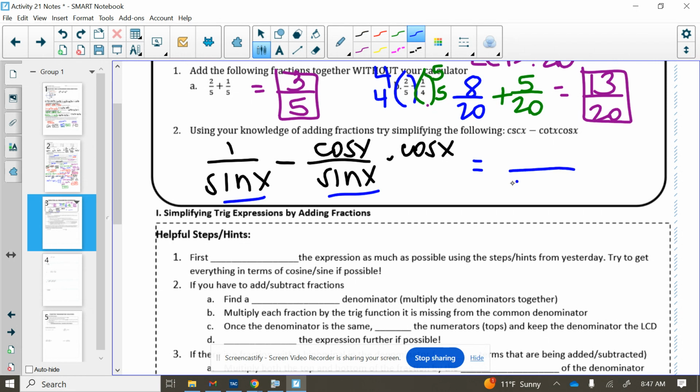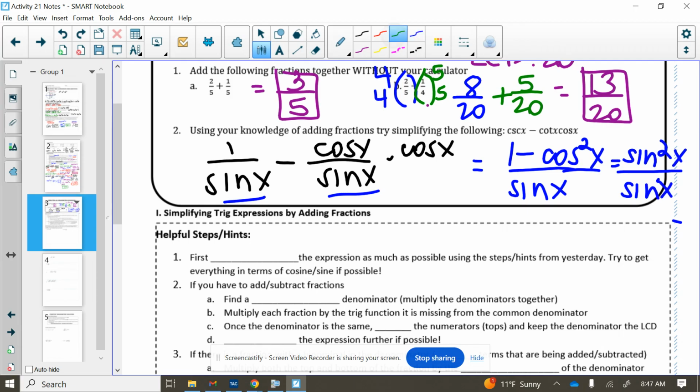So we can rewrite this now as one singular fraction because they do have that common denominator, and we can make the numerator 1 minus cosine times cosine, aka cosine squared. And then 1 minus cosine squared becomes sine squared, and then one of the sines from the numerator can cancel with the sine from the denominator, and our final answer simplifies to just be sine of x.